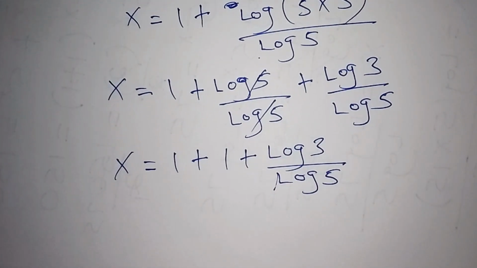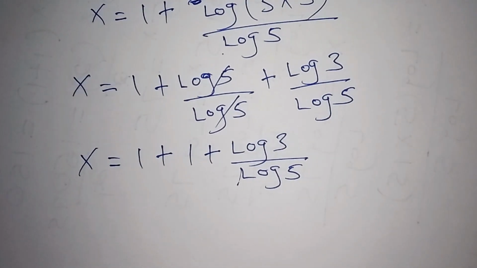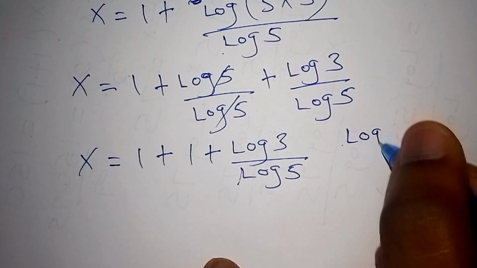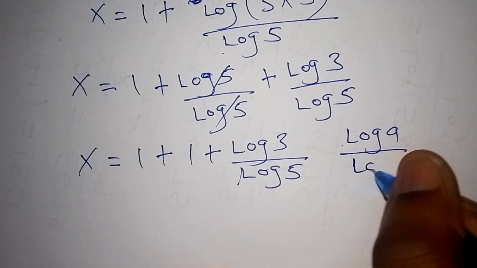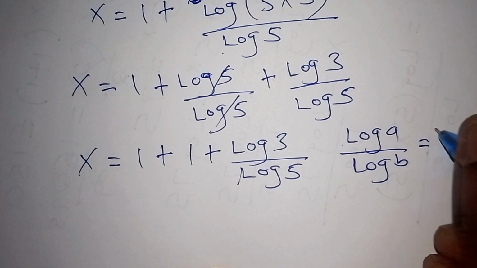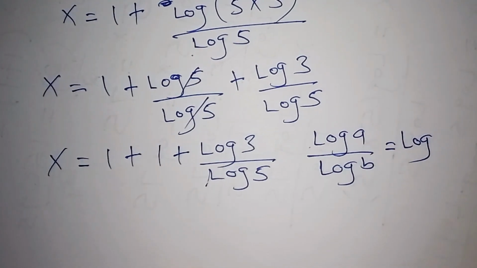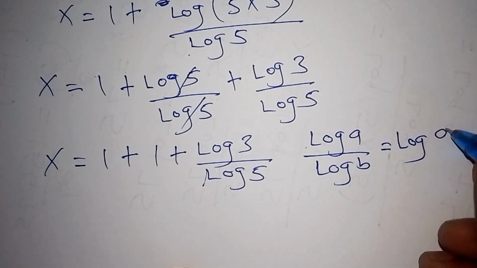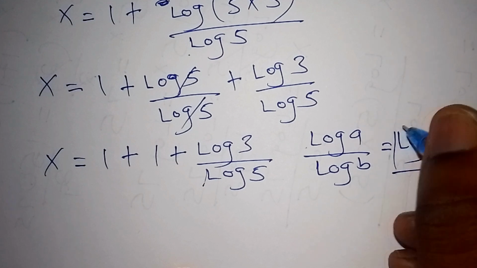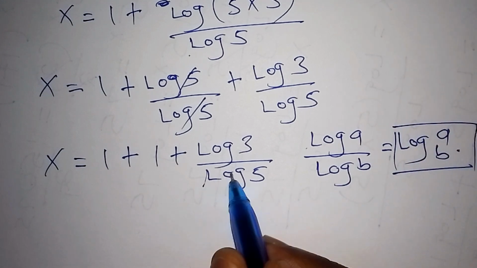As we all know, log a all over the log of b is equal to the log of a to base b. We shall apply this on this other end.